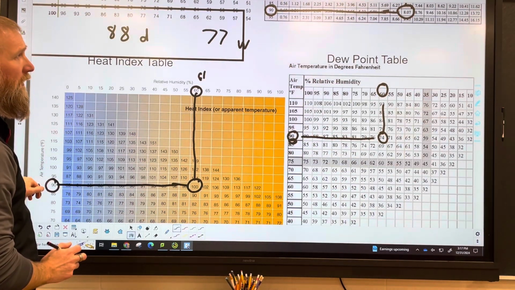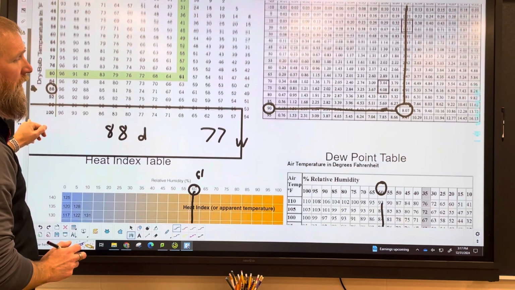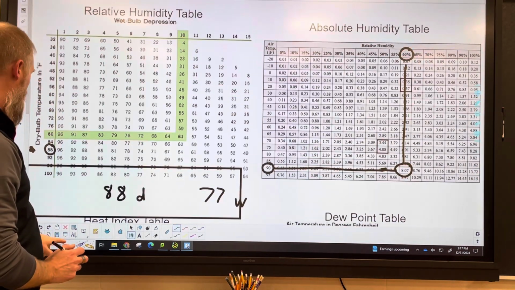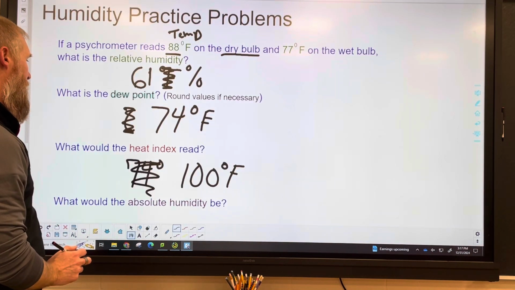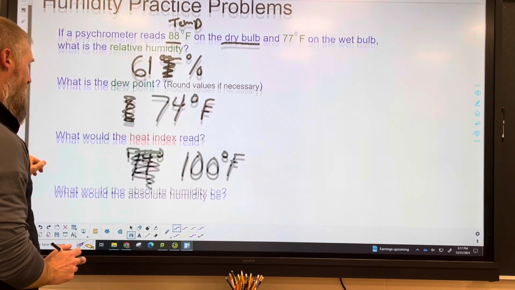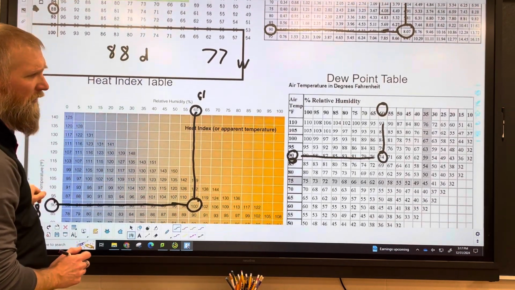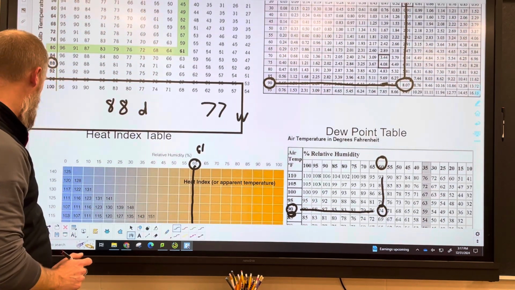Dew point. I have to rethink my labels. I'm second guessing them. Anyway, we got this 8.07.